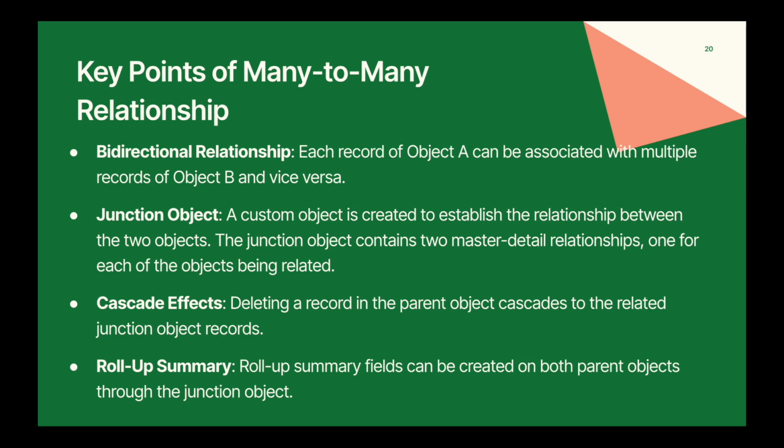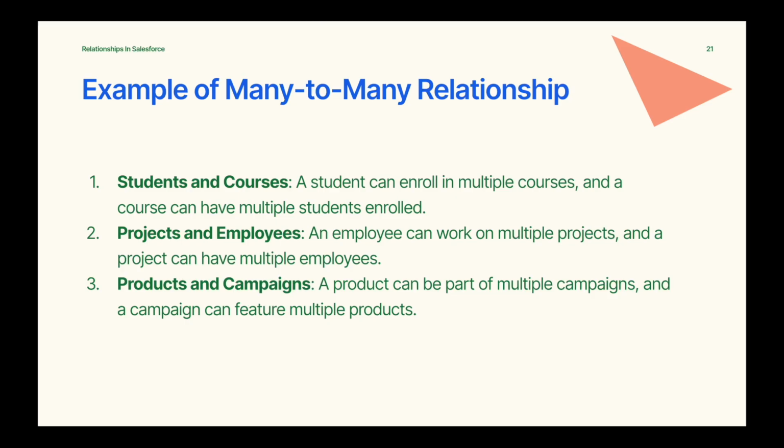Then the fourth point is roll up summary. Again, as master detail relationship is available, the roll up summary field feature and functionality is also available. So roll up summary fields can be created on both parent objects, that is object A, and again on object B as well.